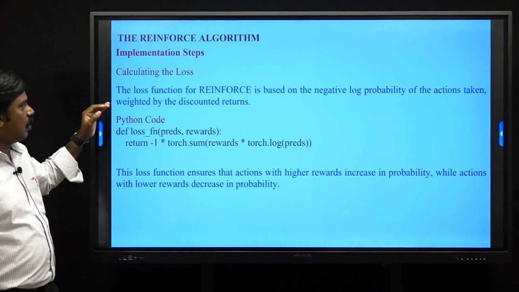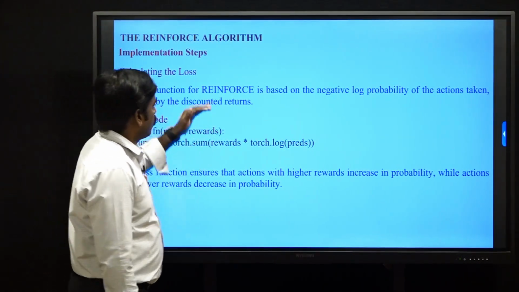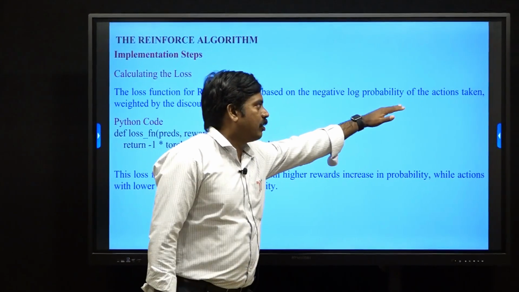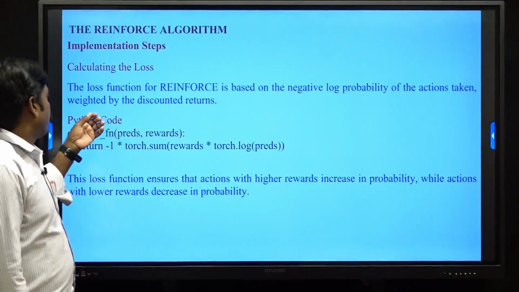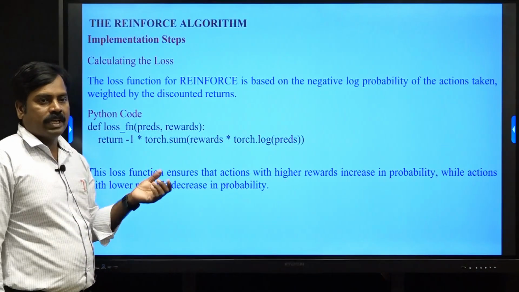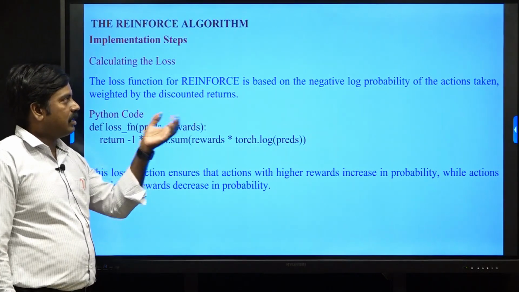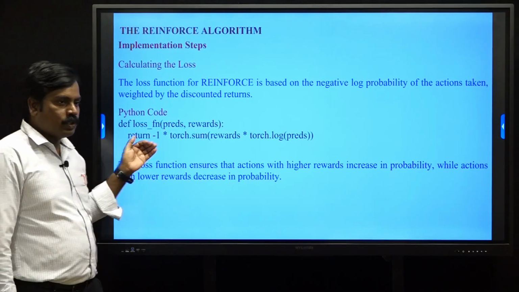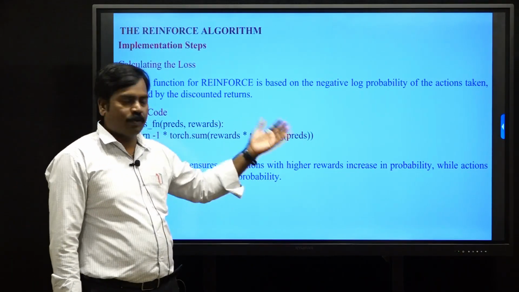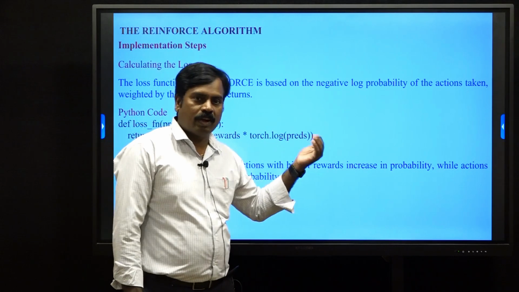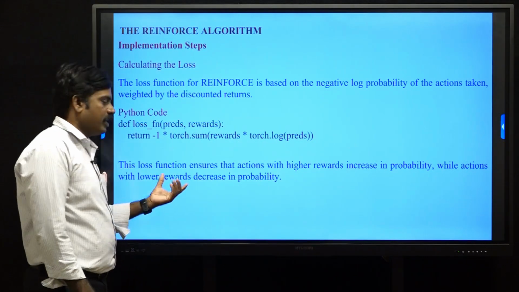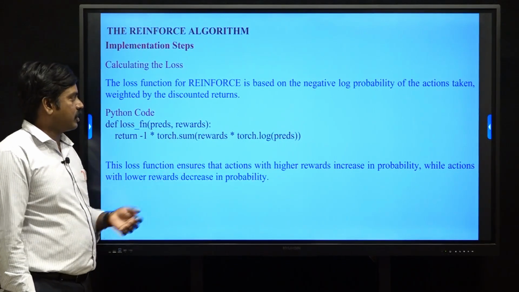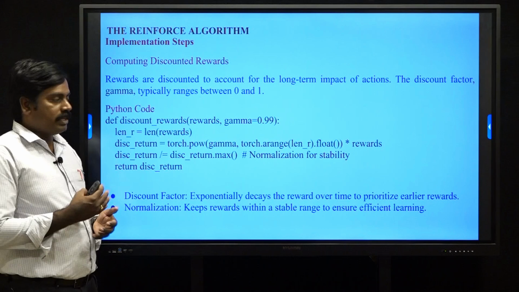In the REINFORCE algorithm, the loss is based on the negative log probability of the actions taken, weighted by the discounted returns. This loss function ensures that actions with higher rewards increase in probability, and actions with lower rewards decrease in probability. Using that we calculate the loss function.